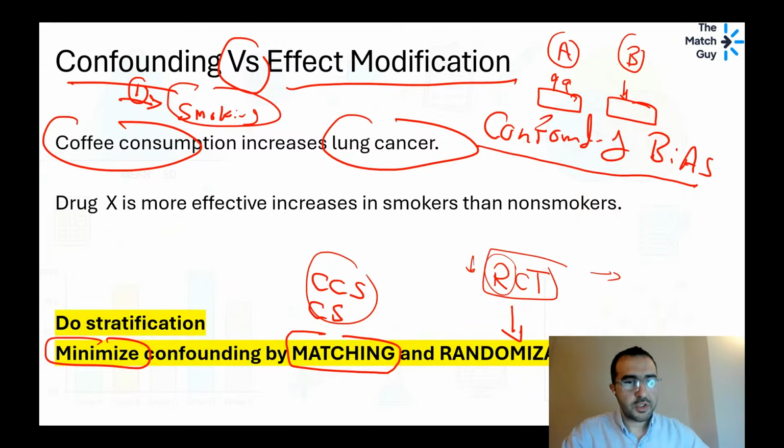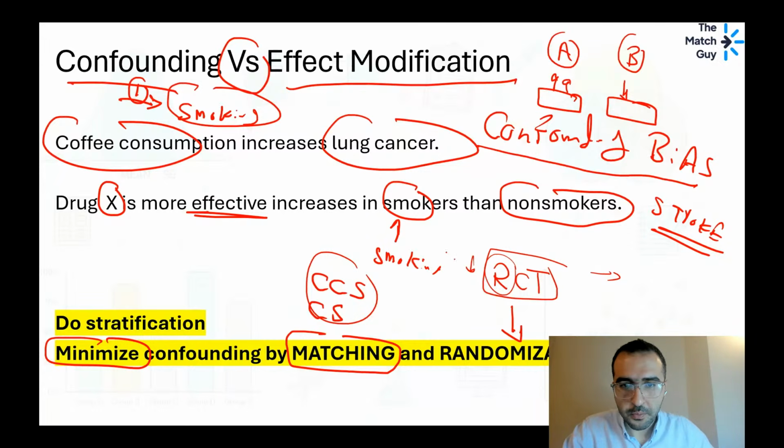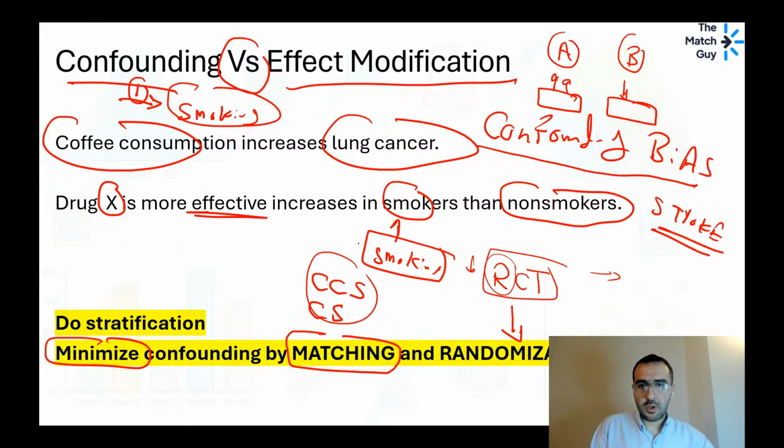So let's say that drug X is more effective in smokers than non-smokers in treating stroke. Okay, so here the smoking history is considered a modifier. So that's why the medication is more effective, right?